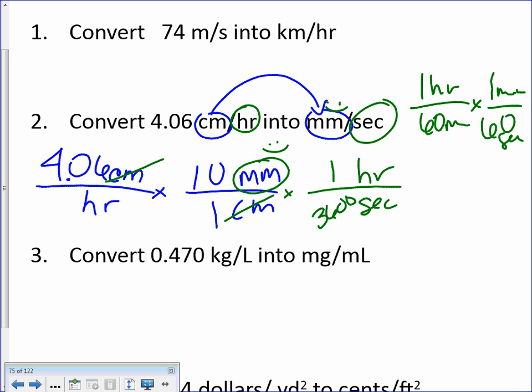But some of us did that in our head, that's fine. So the hour here and hour on top will cancel because they're counter to each other. Seconds are in the denominator, which is what I wanted here, and then I just calculate. So I would do in my calculator 4.06 times 10, which is 40.6, divided by 3,600. That one I can't do in my head.